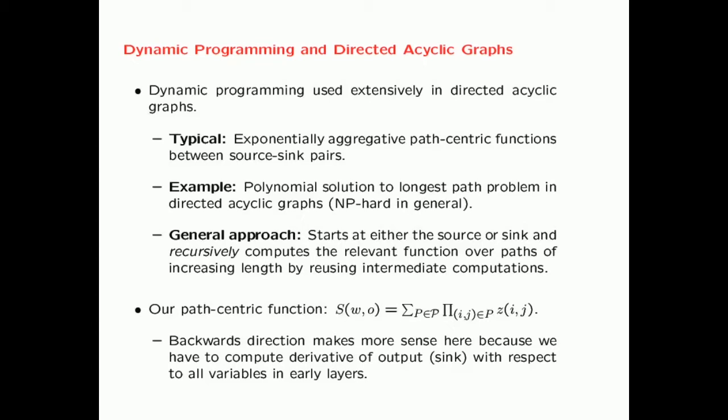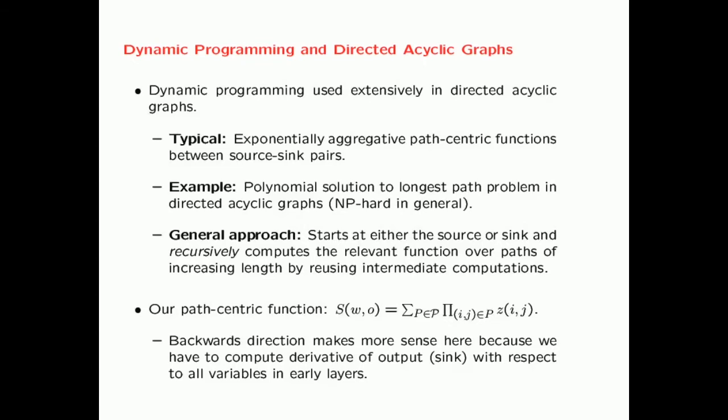So you want to really compute not just SWO, you want to compute SIO for all nodes I with respect to O. So the partial of O with respect to all nodes I. So in this case, we really want to do our dynamic programming update in the backwards direction by starting at the node O and moving backwards.